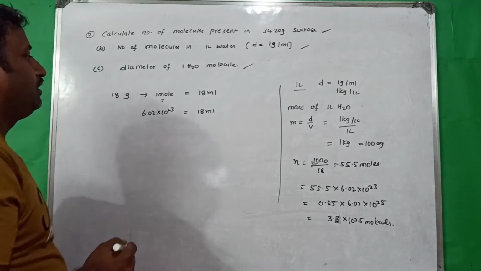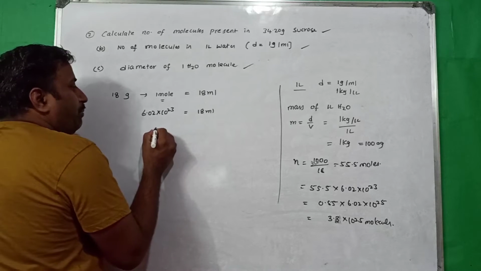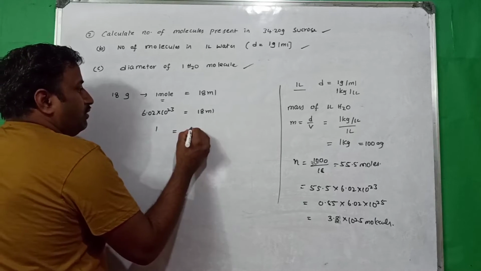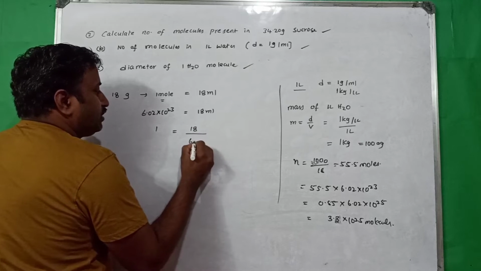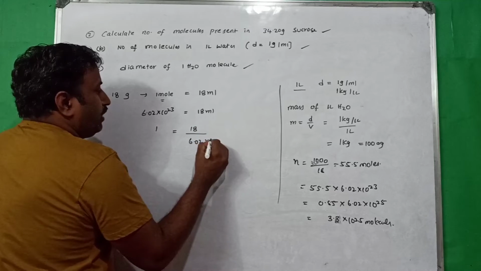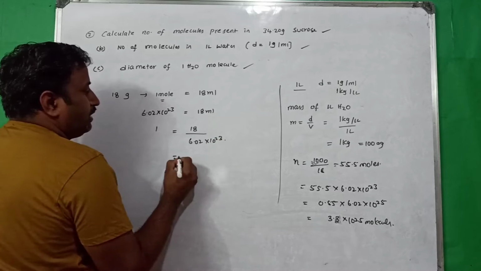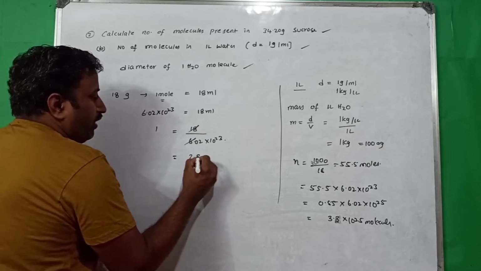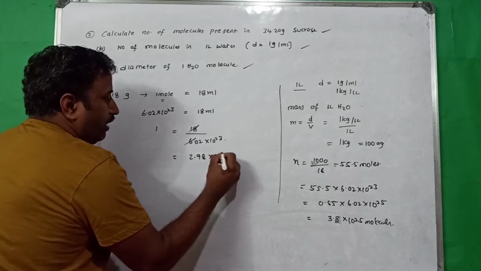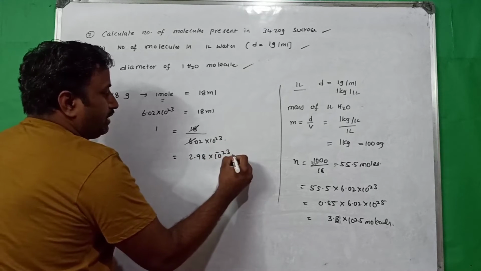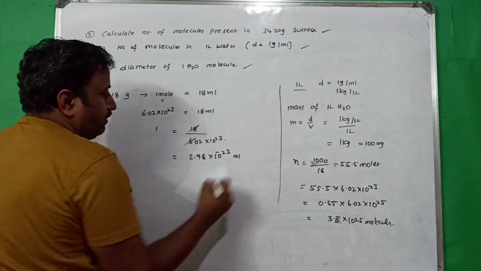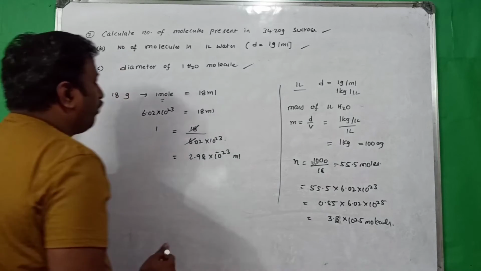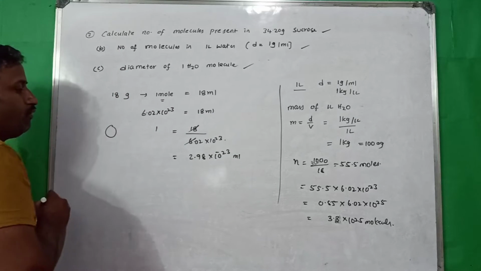Then 1 particle volume is equal to 18 upon 6.02 into 10 power 23. This can be written as almost 3 times 10 power minus 23 ml, 2.98 into 10 power minus 23 ml. This is the volume of one water molecule.